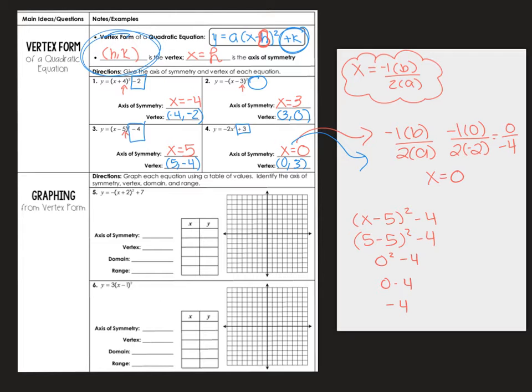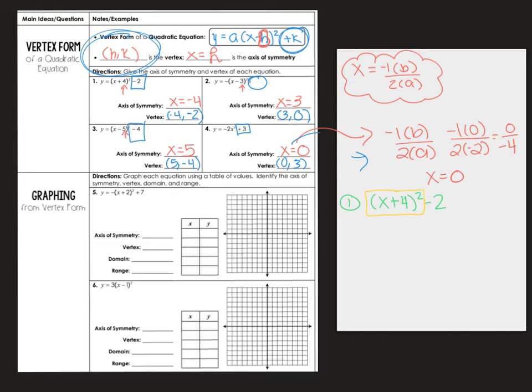I'm going to show you another thing while we're still working with these same examples. Let's do number 1. With number 1, the vertex form right now is (x plus 4) squared minus 2. If you don't like seeing it this way, or if you're just not confident in what's happening and you want a chance to check it out and see the similarities, we could simplify this. You could go ahead and solve it as if we were using order of operations.